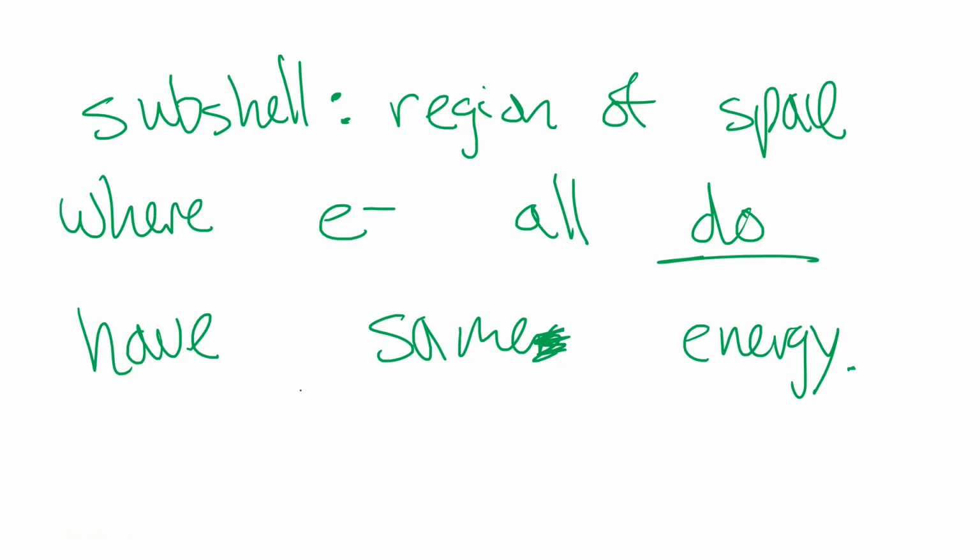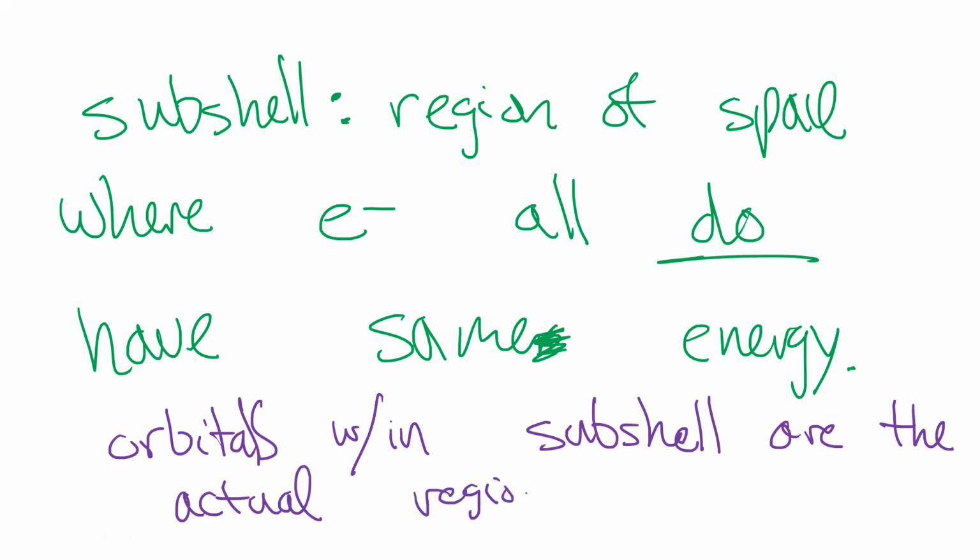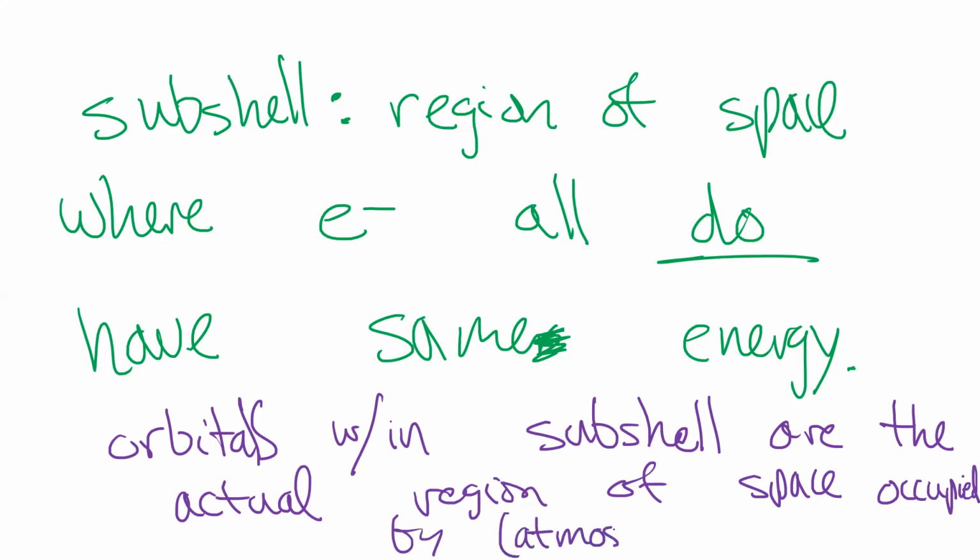The subshell is essentially an energy description, and the orbitals within the subshell are the actual region of space occupied by, at most, a pair of electrons.